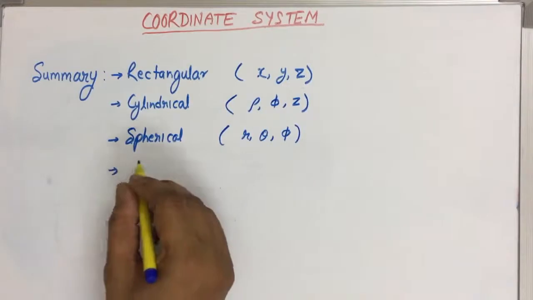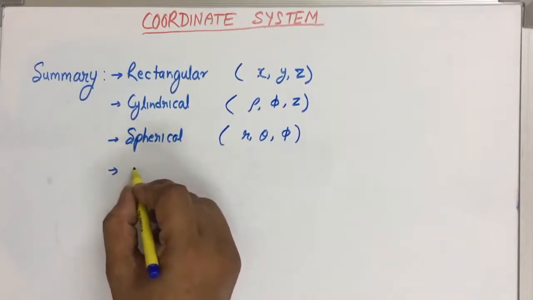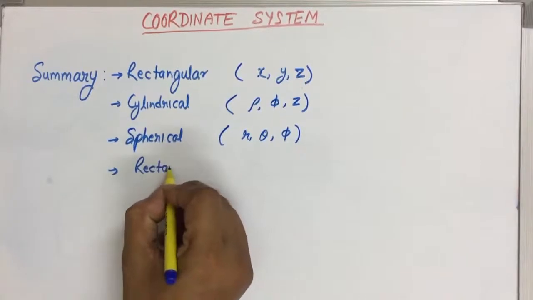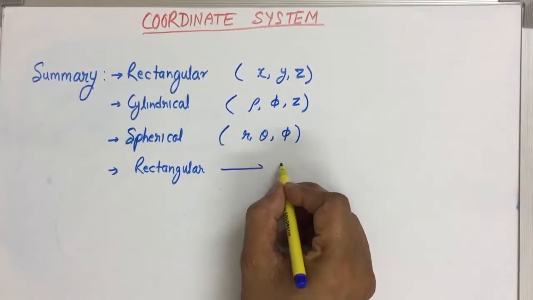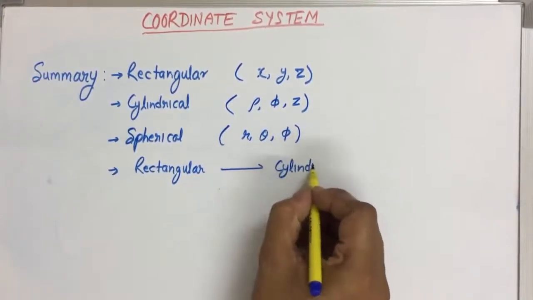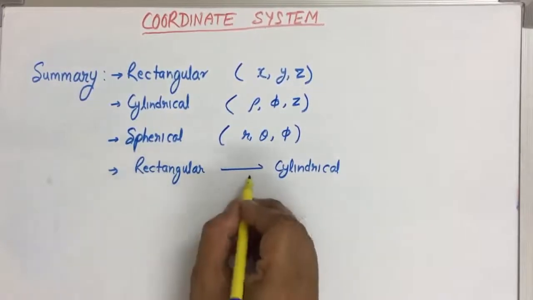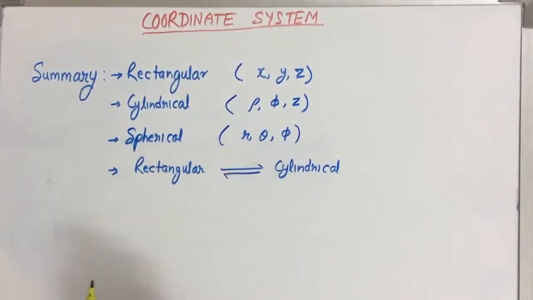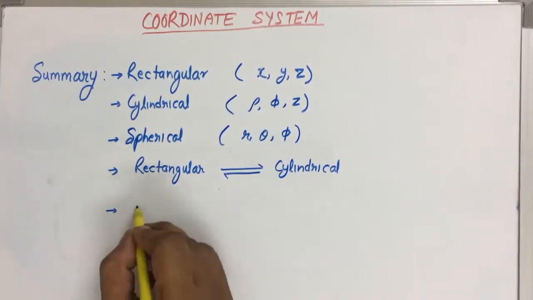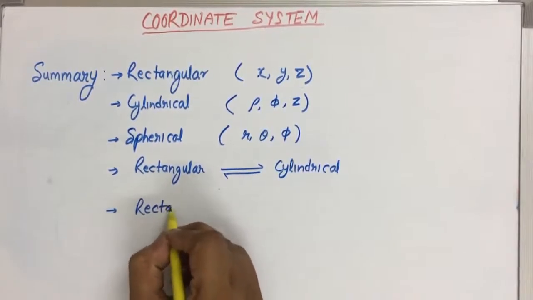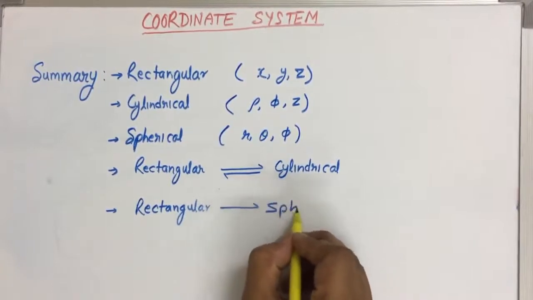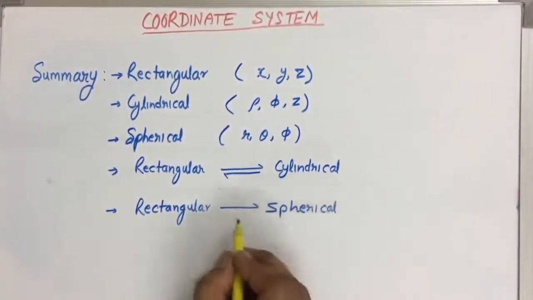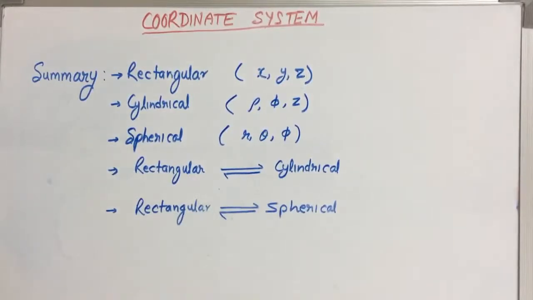And further we studied the transformation from rectangular to cylindrical and cylindrical to rectangular. After that we discussed the transformation from rectangular to spherical and spherical to rectangular.